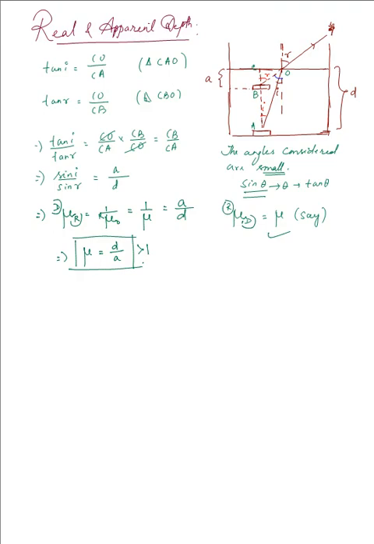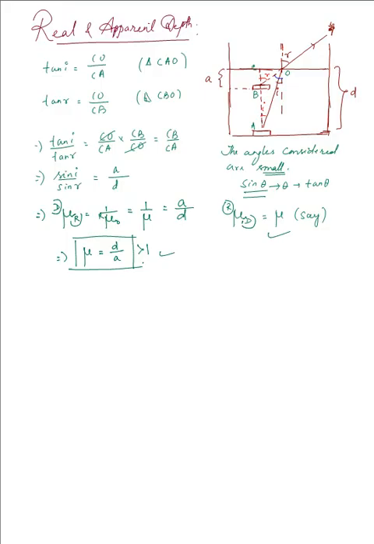So it is quite easy, if you know the physics of it, how and why we are considering the lengths and the refractive indices that are associated with them. So if you know that the denser medium has a refractive index greater than that of the rarer medium, then you will be able to remember this equation correctly.